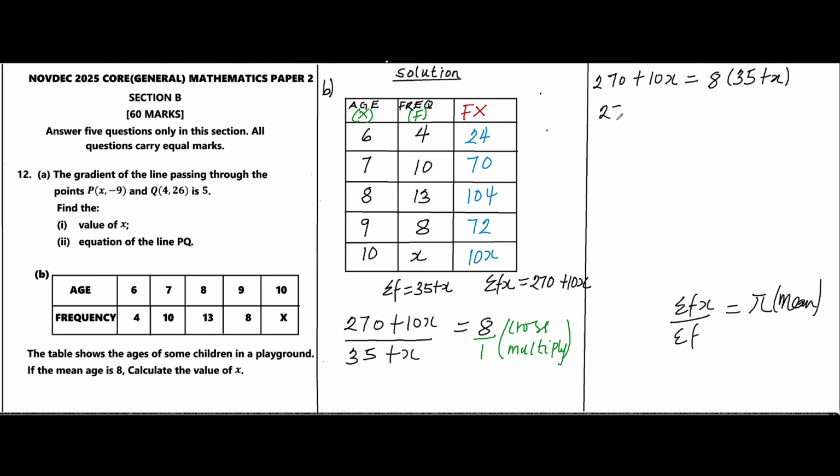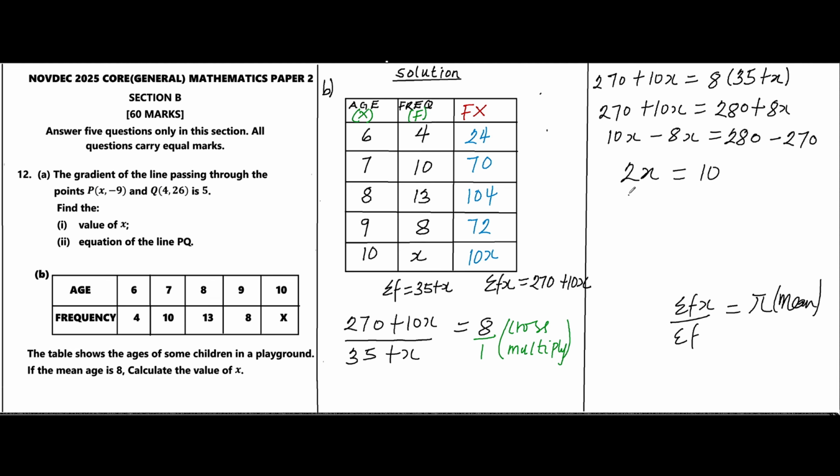So we have 270 plus 10x. Then let's expand 8 times 35, 280. Then 8 times x, we have 8x. So let's group like terms. Variables on the left, numbers on the right. So we have 10x minus 8x, this being equal to 280 minus 270. 10x minus 8x, we have 2x. 280 minus 270, we have 10.